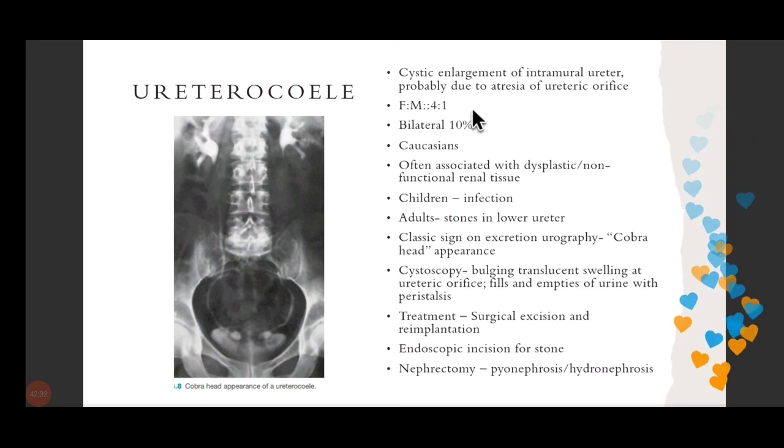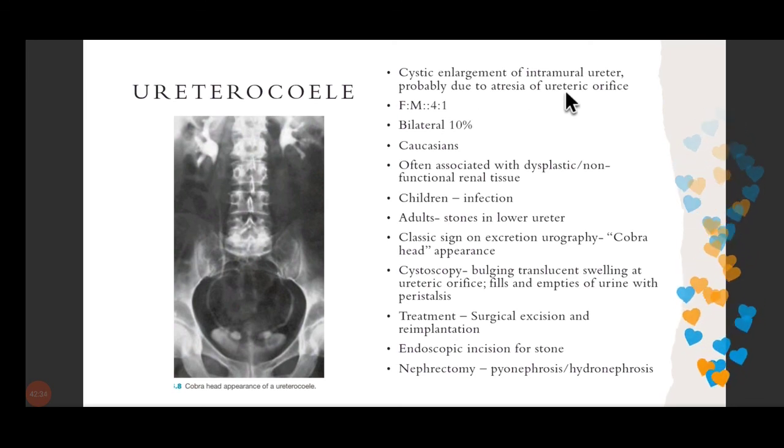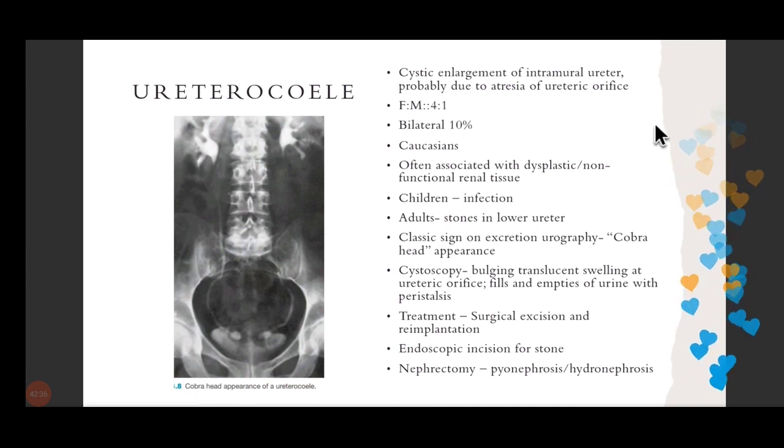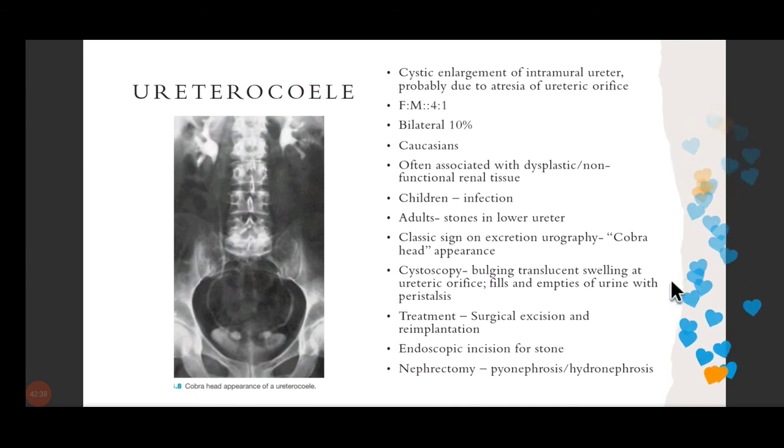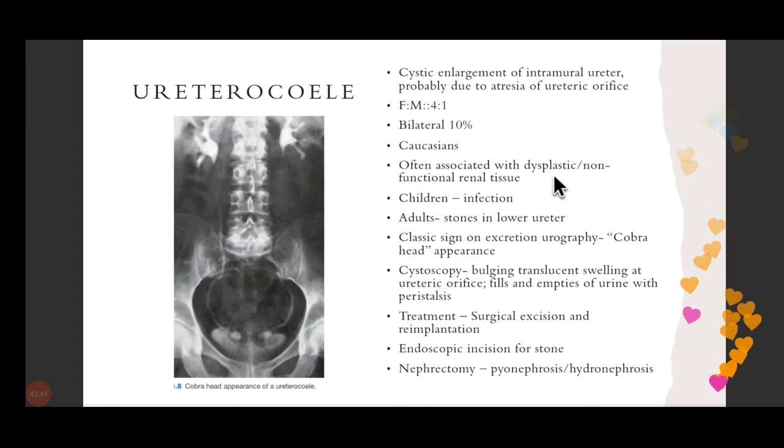Females are more predisposed. It is bilateral in 10% of the population, often associated with dysplastic and non-functional renal tissue. And as I mentioned before, there is a cobra head appearance. On cystoscopy, you see a bulging translucent swelling at the ureteric orifice, which fills and empties of urine with peristalsis.